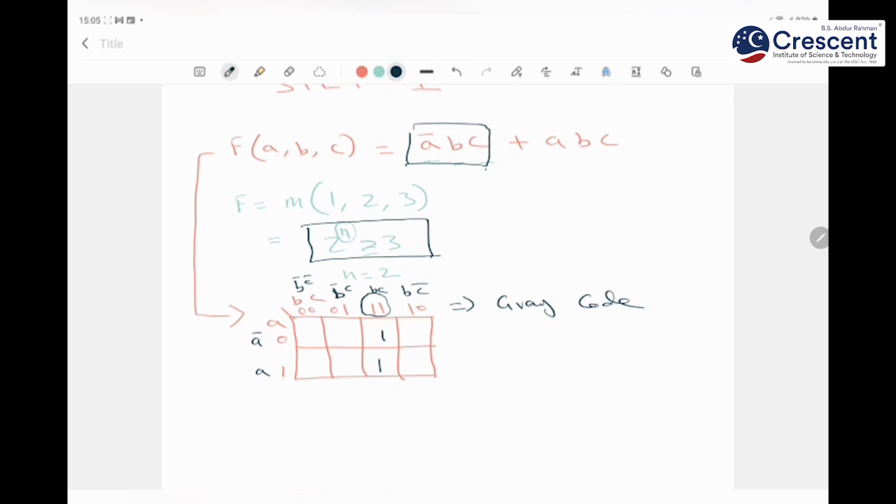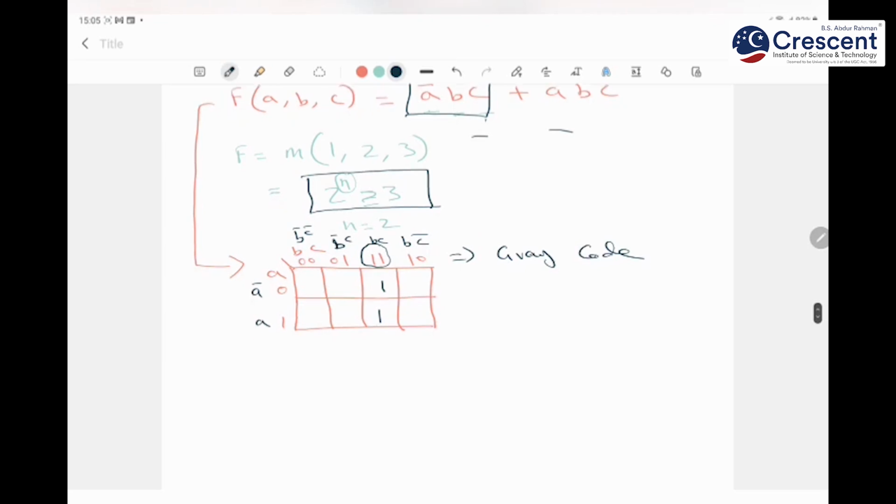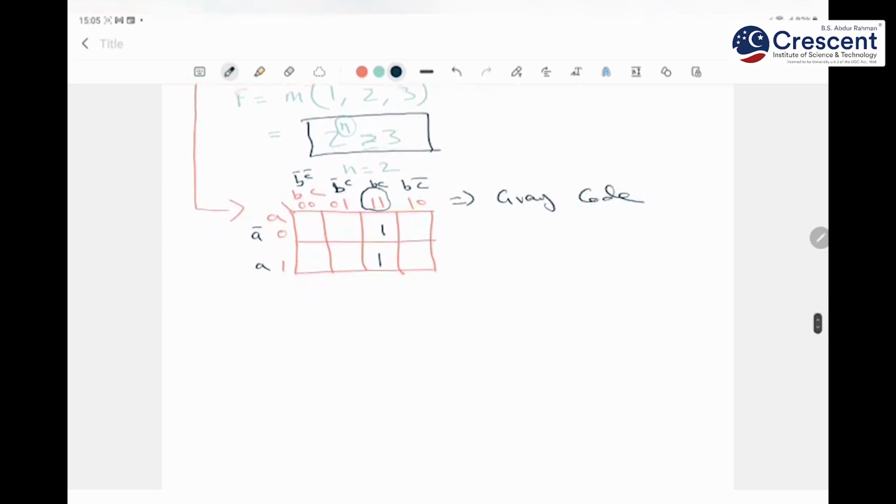So remaining terms, there are only 2 terms available. From this you can make a group. While making a group, you should make it of adjacent cells, and there is some procedure for combining a group. Here this is a group.